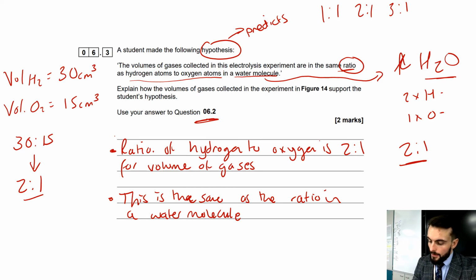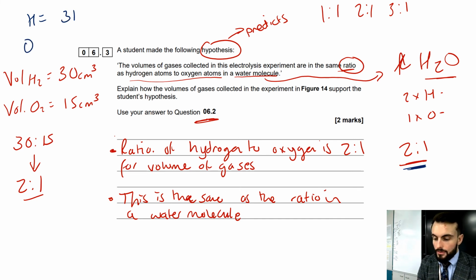Now for this one, you can escape making a mistake, because if you messed up the measurements of volume earlier, but you highlight that the ratio of hydrogen to oxygen in water is 2 to 1, but yours doesn't match that. So for example, let's say you did hydrogen was 31 and oxygen was, I don't know, 14.